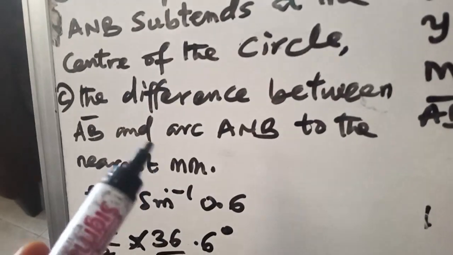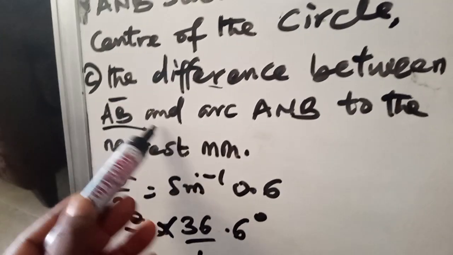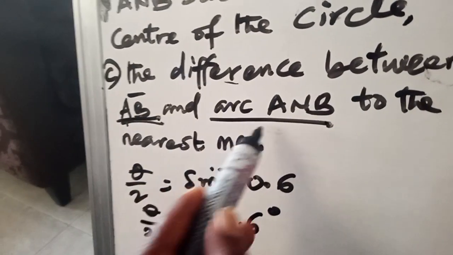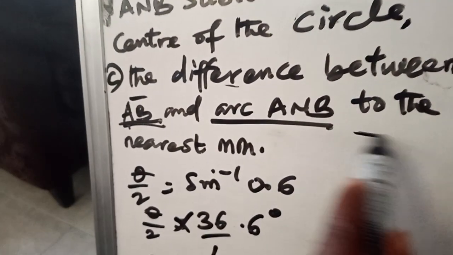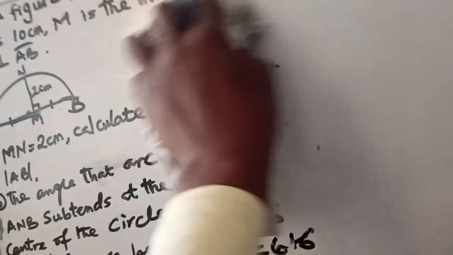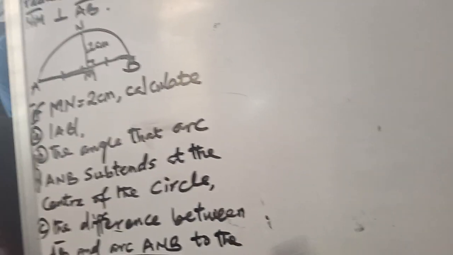Then we can now move to the third question. The third question says to find the difference between AB and arc AMB. We have calculated AB, then we have to find the length of the arc. And the question says to the nearest millimeters. So now let's find the length of the arc.